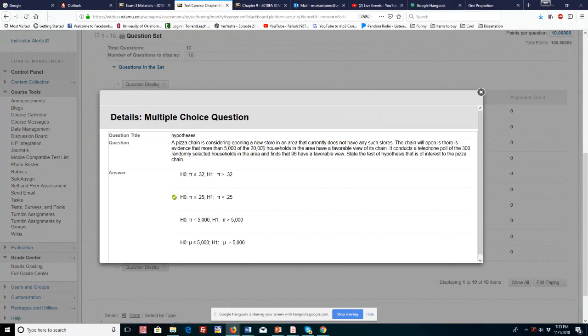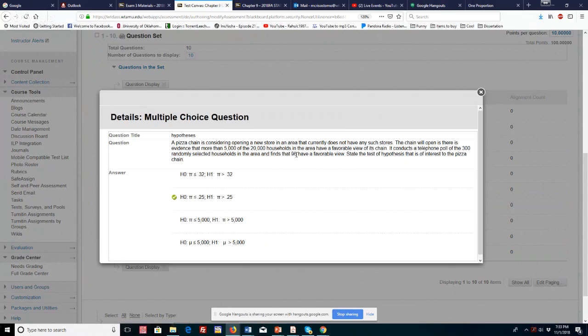So 5,000 of the 20,000 would be 25% of the households. So basically what we're trying to say is if there's interest in greater than 25% of the households, then we'll open up a new pizza chain.